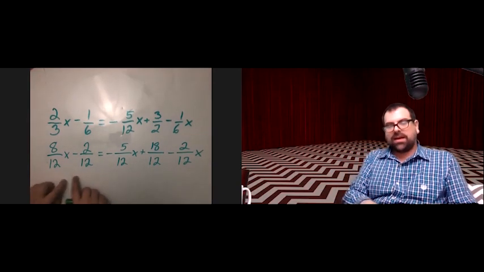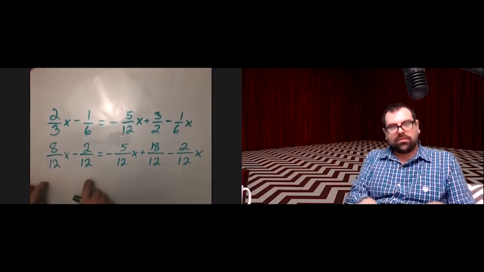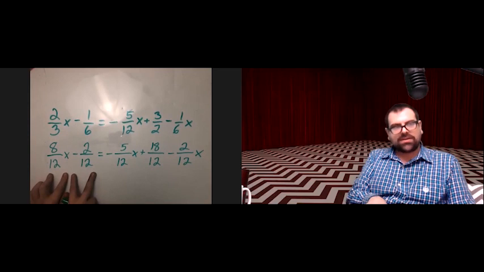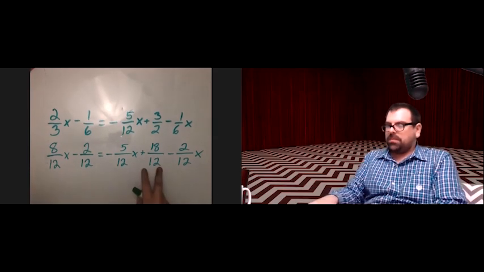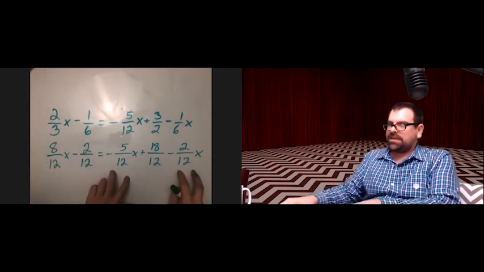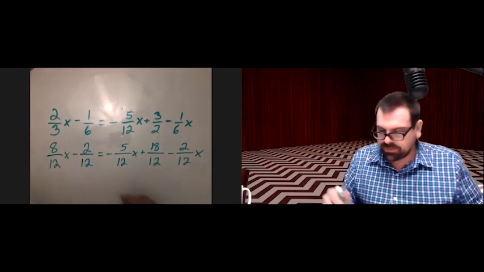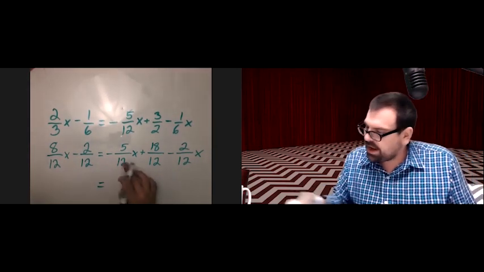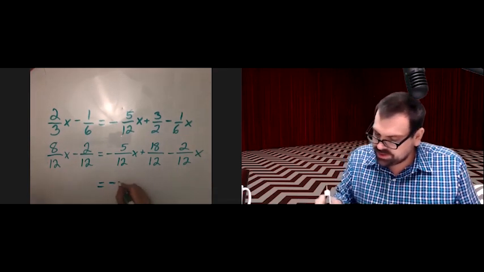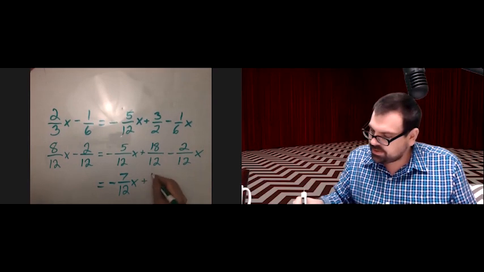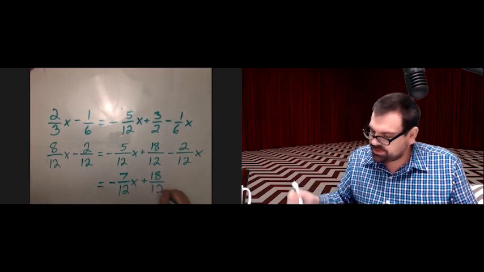Now there's nothing I can combine on the left side. This is an X term. This is not an X term. They are not like terms. They can't be combined. Over here, the middle term doesn't have an X, but these ones do. So I can write this more simply. Negative 5 minus 2 is negative 7/12 X plus 18/12.